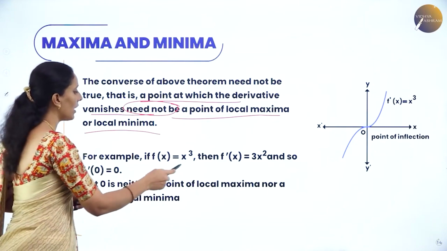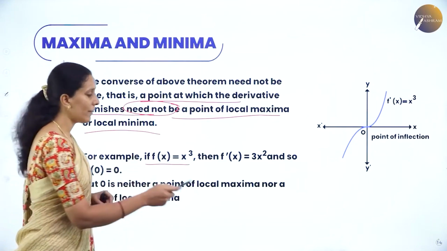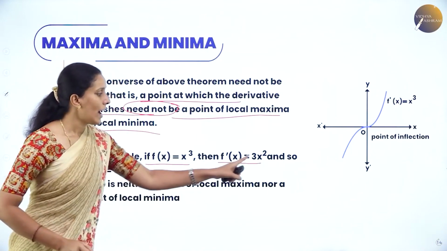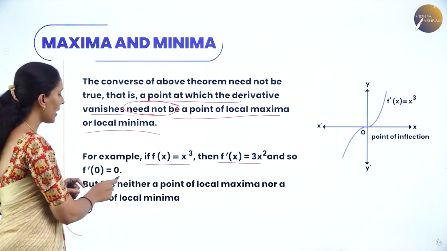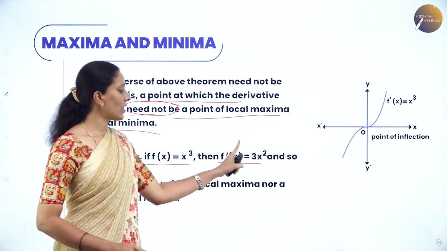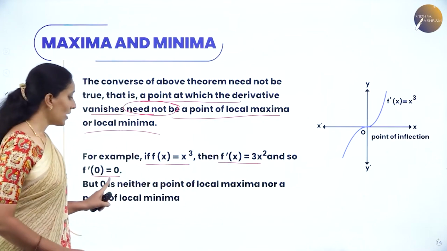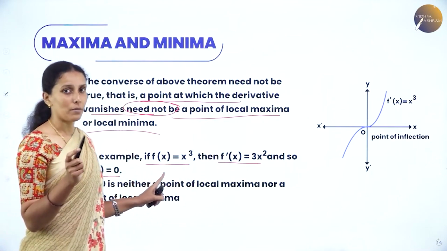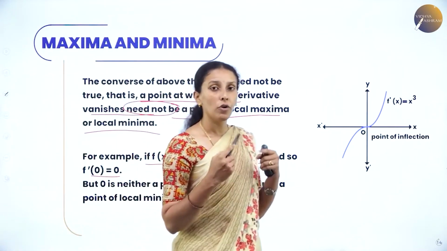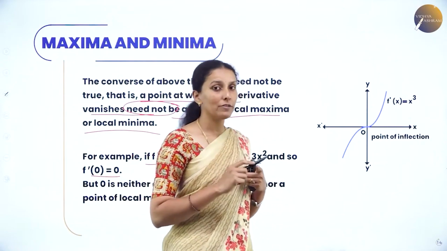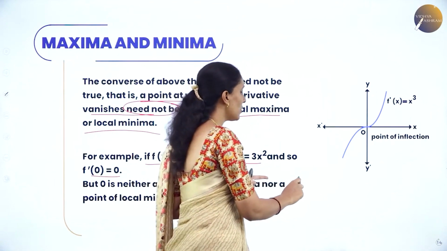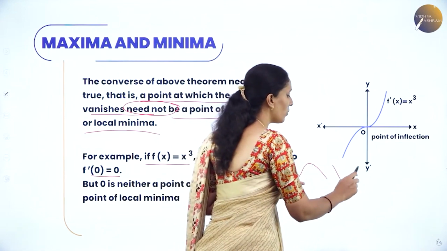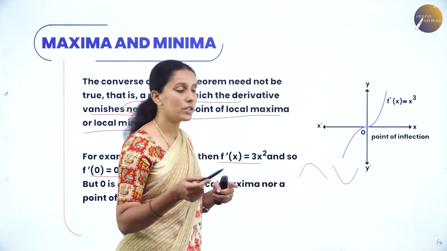So I have taken f of x is equal to x cube, then f dash of x is 3x square. At x is equal to 0, you can clearly see that f dash of x becomes 0. But 0 is neither a point of local maxima nor local minima. To become a point of local maxima or local minima, the function must go from increasing to decreasing or decreasing to increasing. That is, it must change its sign here.